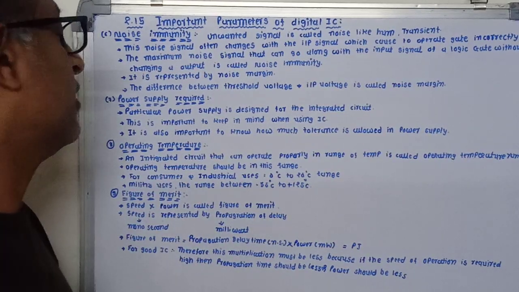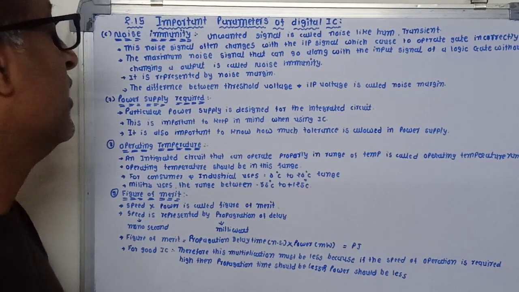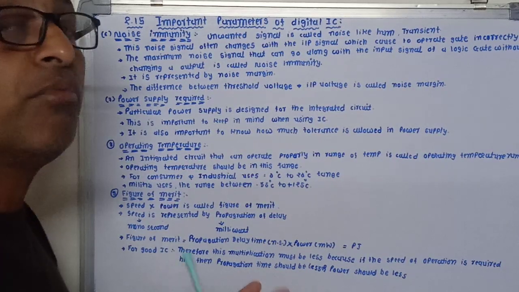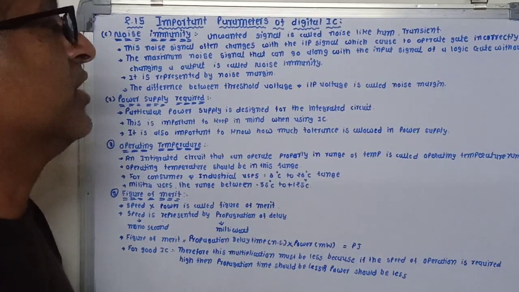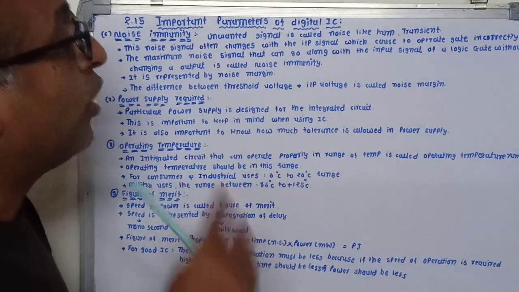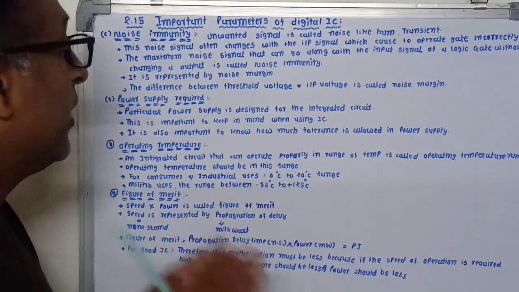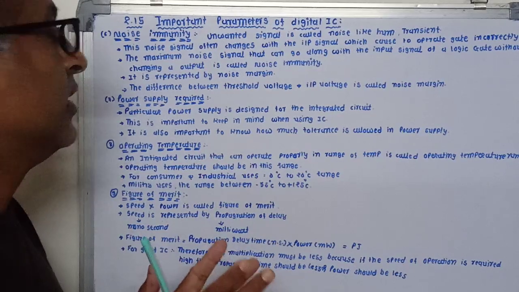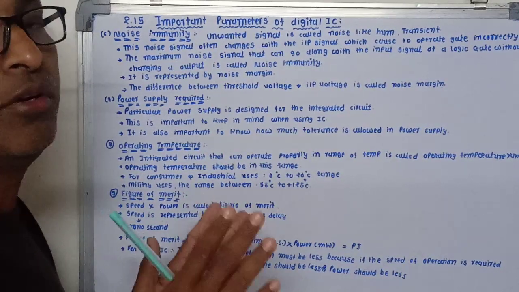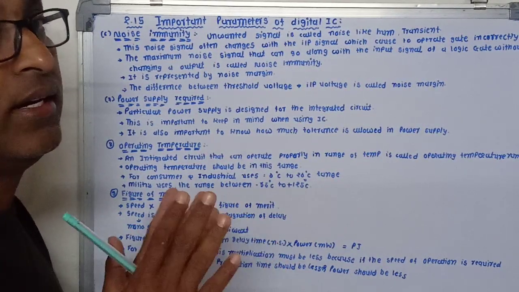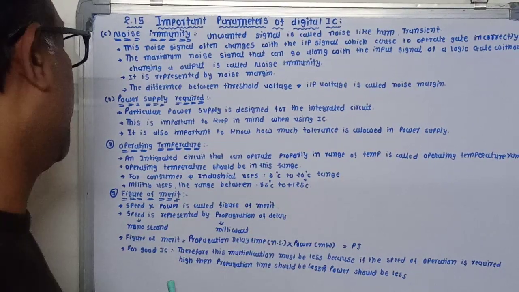Next, operating temperature. The range of temperature in which an integrated circuit can operate properly is called the operating temperature range. The operating temperature should be kept within the range given by the manufacturer.